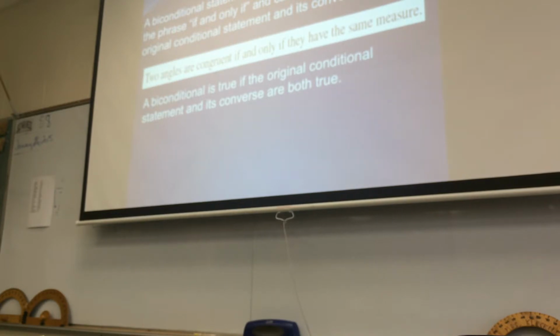The two statements would be a conditional statement and the converse of that, and then you test to see if both of them are true. It sounds more involved than it really is, because you can do most of that in your head. Like the biconditional up there says two angles are congruent if and only if they have the same measure.